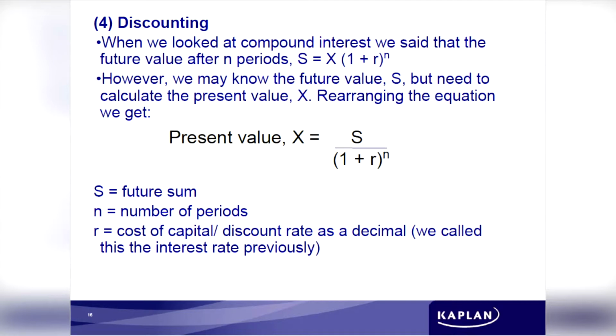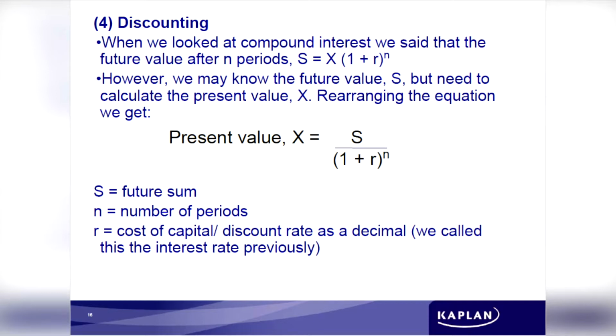Where S is the future sum, N is the number of periods, and R is the cost of capital or the discount rate as a decimal. Now you see we don't call it the interest rate anymore. We're not calling it an interest rate because we're not compounding it. We're discounting it. So it's a discount rate.